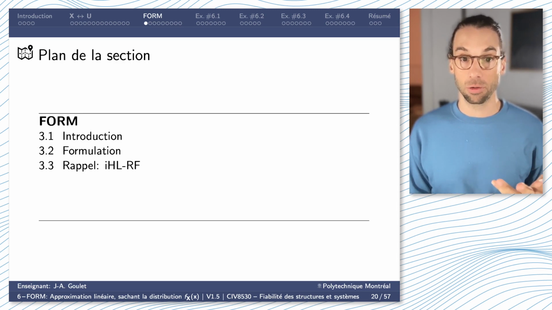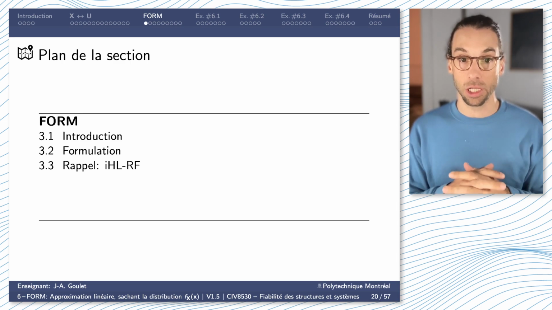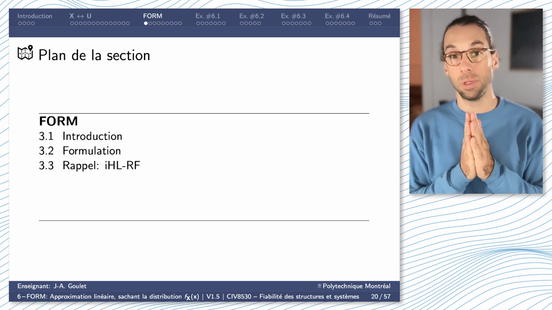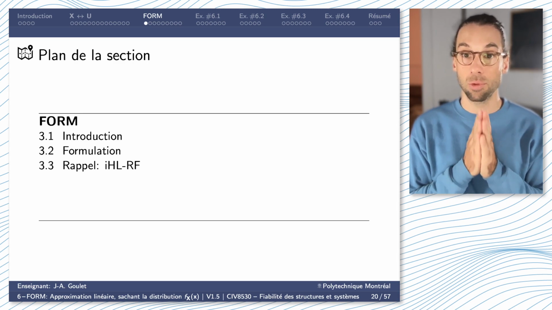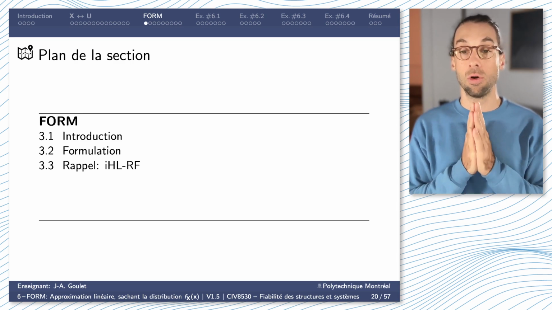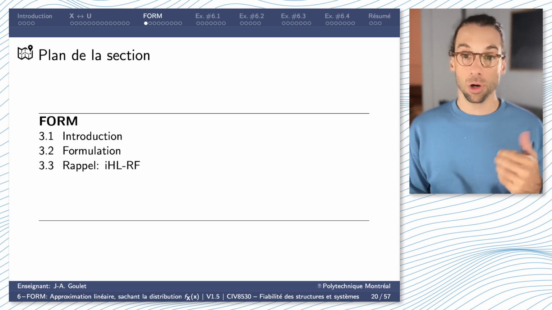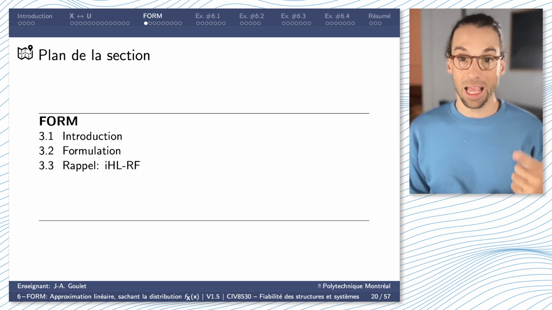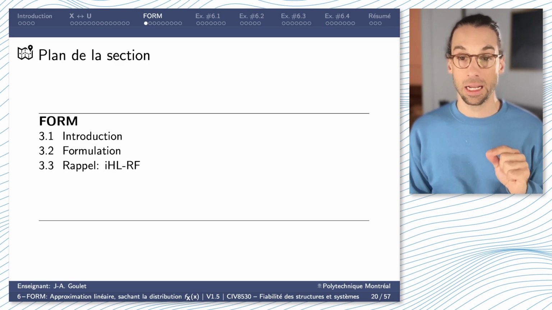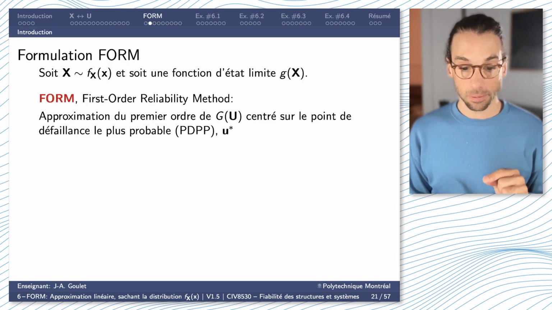So we're going to look at a quick introduction, and we're going to see a complete formulation. And in order to be able to compute our design point, where we're going to linearize our limit state function, we're going to review the HLRF algorithm that will allow us to find that design point.